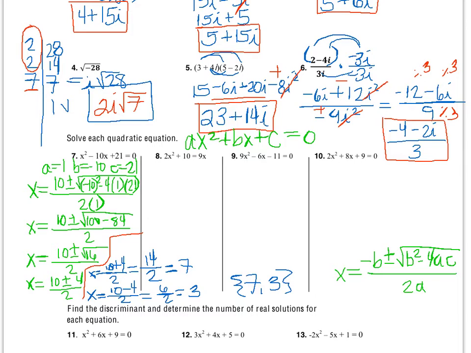I'm putting those in braces. So I'm going to come back over here. I'm going to erase this in blue so I can write my answer out. So my answer, one of my answers is 7, and the other answer is 3.